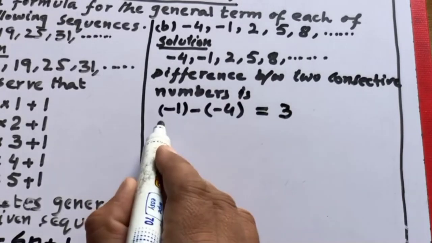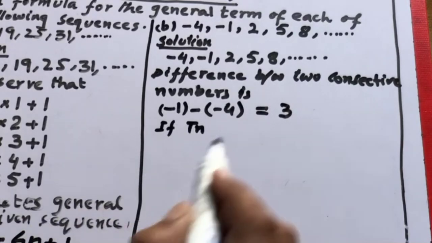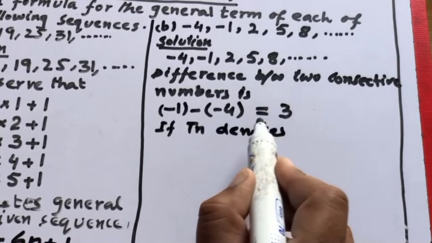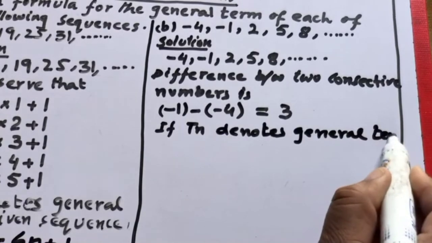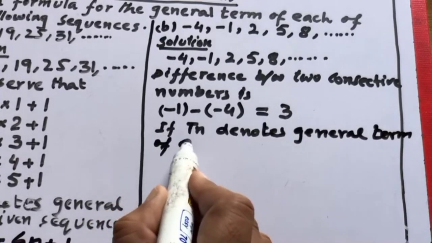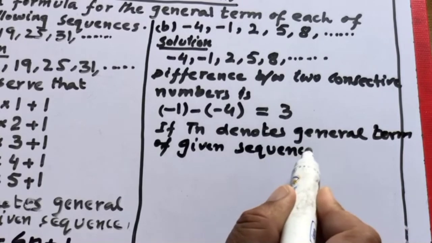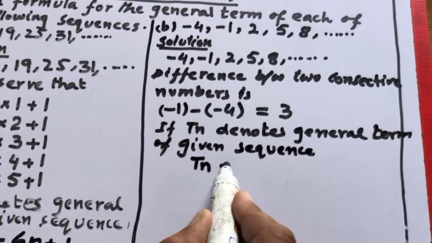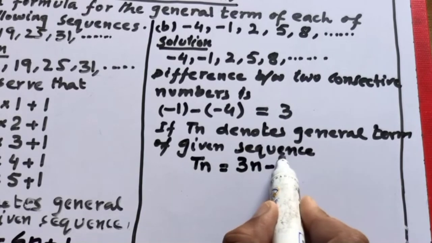If Tn denotes the general term of the given sequence, which is Tn is equal to, so the general term formula becomes 3n minus 7.